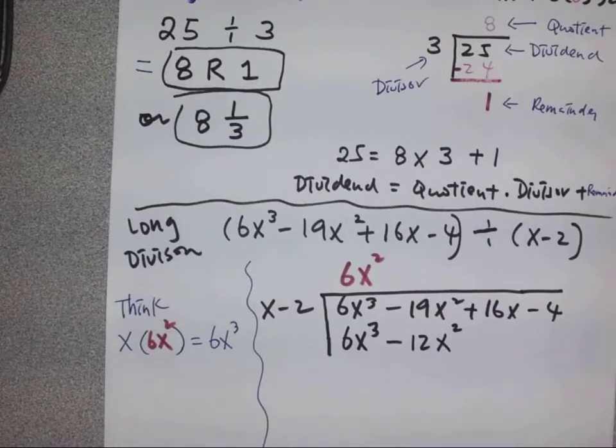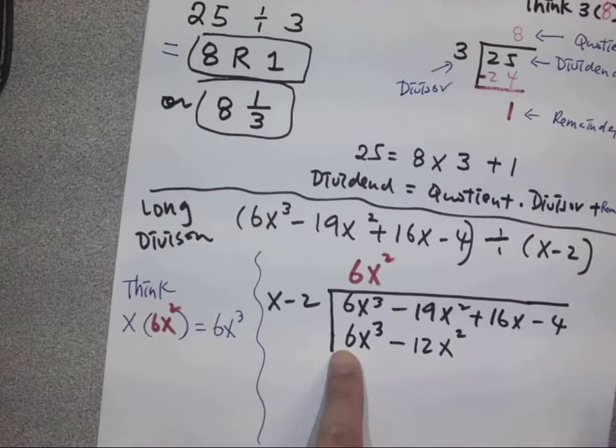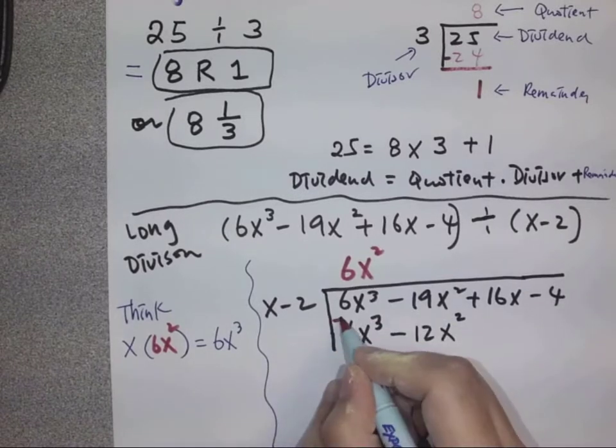So you have to be careful. This is actually subtracting more than one term, like subtracting 6x cubed minus 12x squared. So this negative needs to do what to them? Distribute in. So the easiest way to think about subtracting both of these terms is to change their signs.